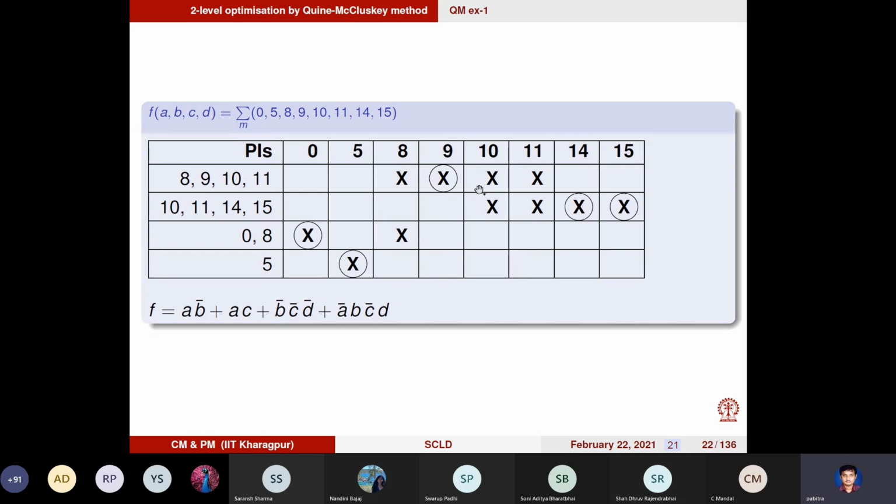Based on these cross marks, we apply some rules to discard some of the rows. Every row corresponds to a term in the function, so if you can reduce the number of rows, you can reduce the number of terms in the expression.